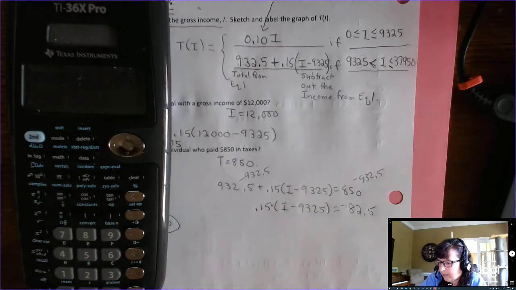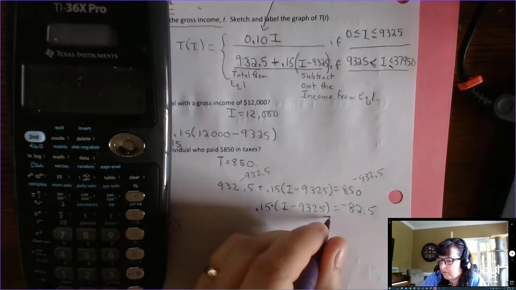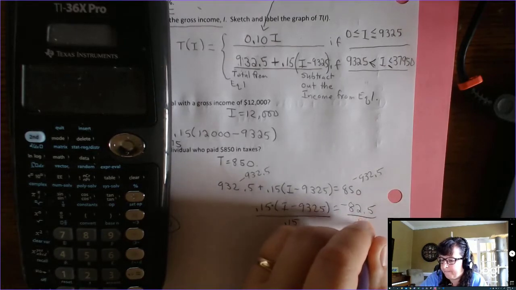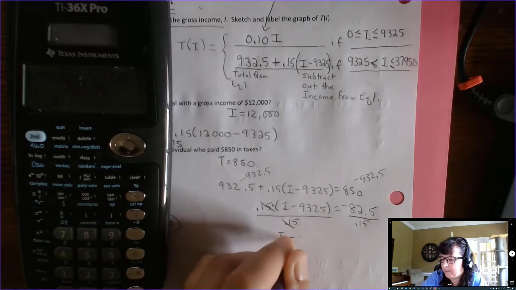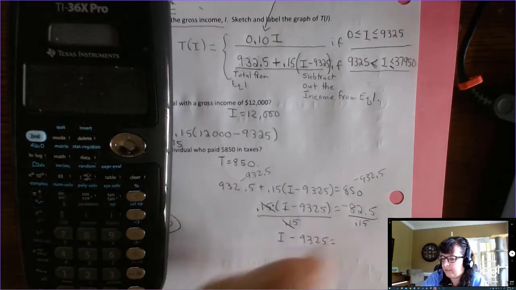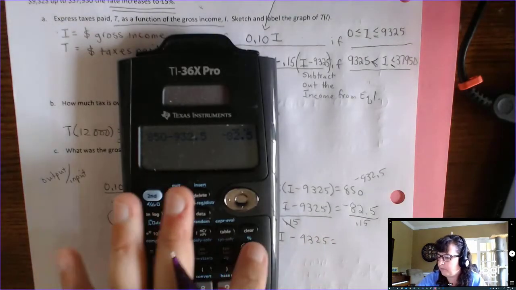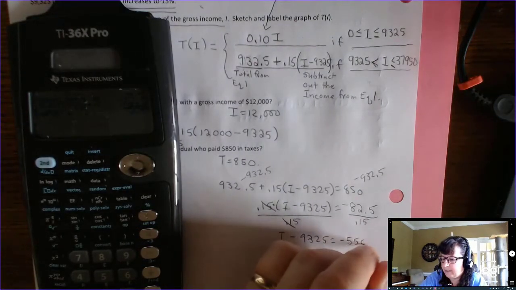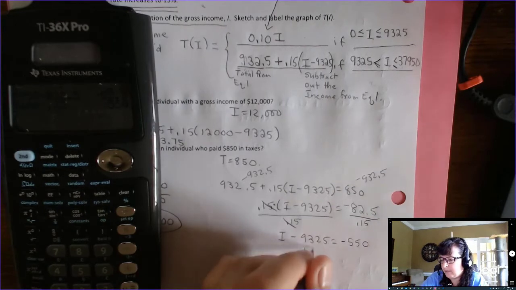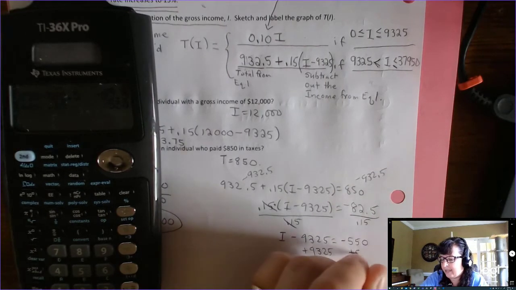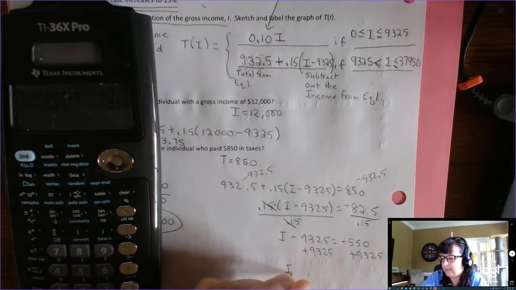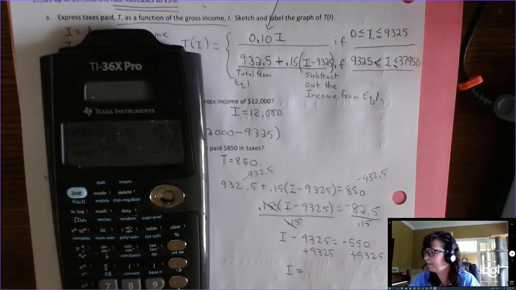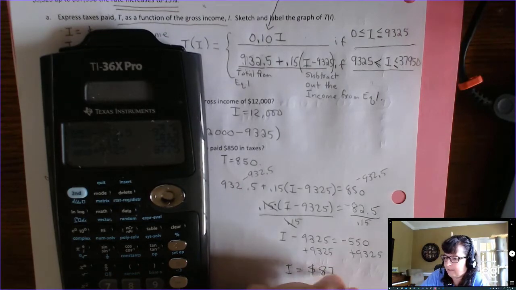This is times. So you can undo multiplication by dividing and get I minus 93.25 is equal to, take that negative 82.5 divided by positive 0.15, we get a negative 550, which is disturbing, but it's going to be taken care of because we're going to add 93.25 to both sides, and you get an income of 8775.